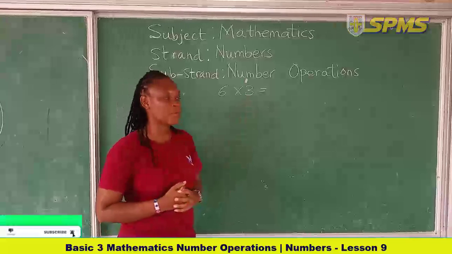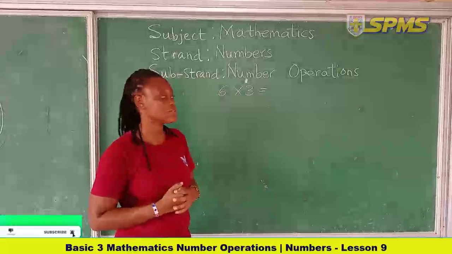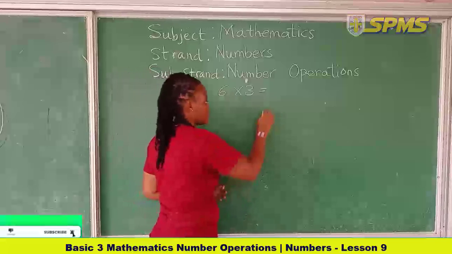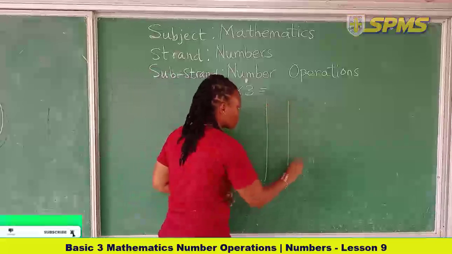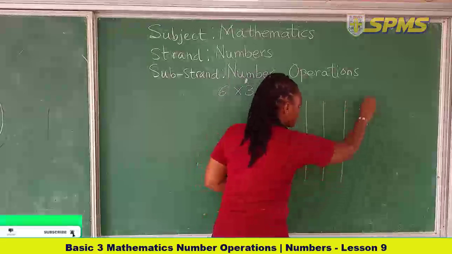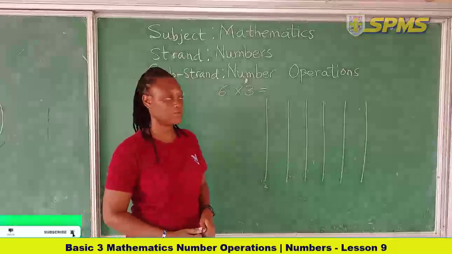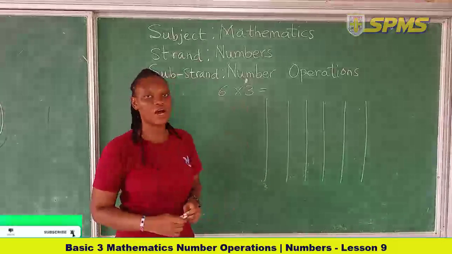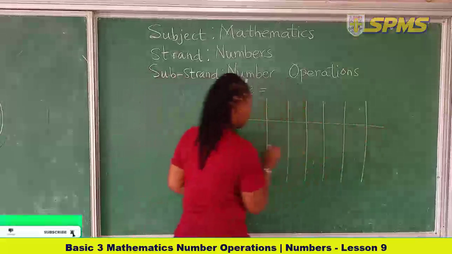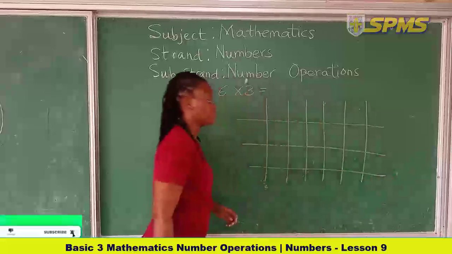And then the second number is the arms, which is the horizontal lines. So we are making 6 of the vertical lines. 1, 2, 3, 4, 5, 6. Good. And then 3 of our horizontal lines. We have 1, 2, and 3.